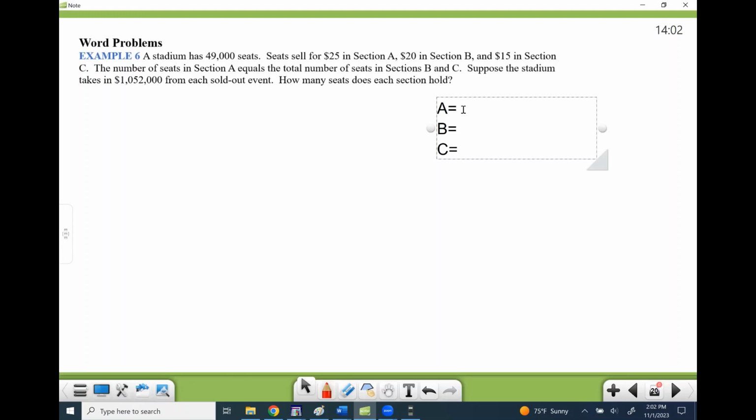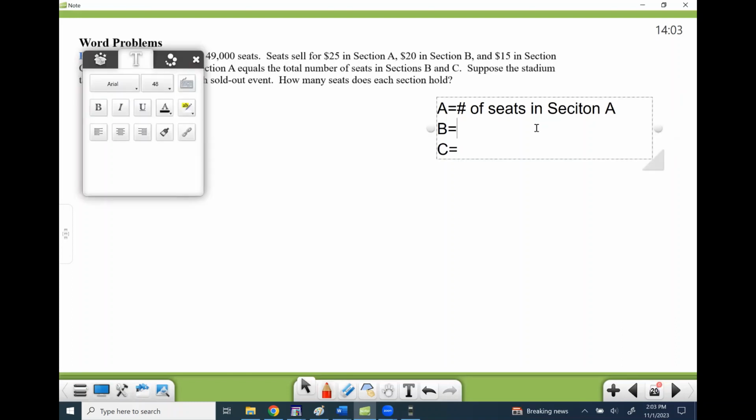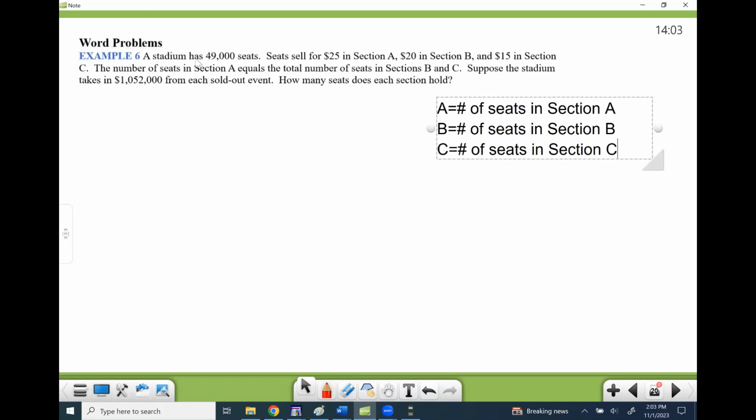So this is going to stand for the number of seats in section A. Let me make this a little bit bigger here. Perfect. And then similarly, this will be the number of seats in section B. I just noticed I have section spelled wrong there. And then this is going to be the number of seats in section C. All right. Having these defined well in your mind is going to help you set up your equations better.